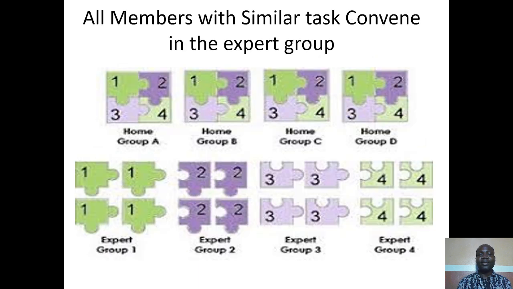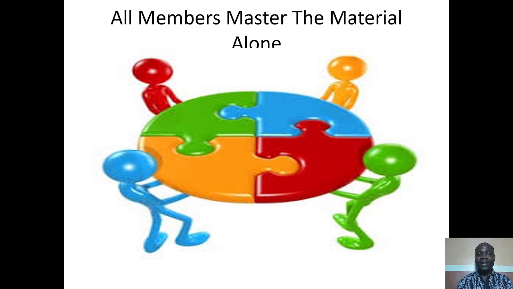So the next step is to allow members of different groups with the same content to come together. You can see that somebody will pick green here. Maybe it's a topic, a subtopic. Let's say it's 4 subtopics now.